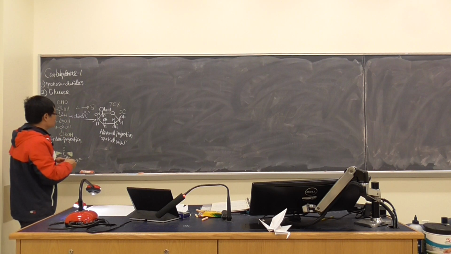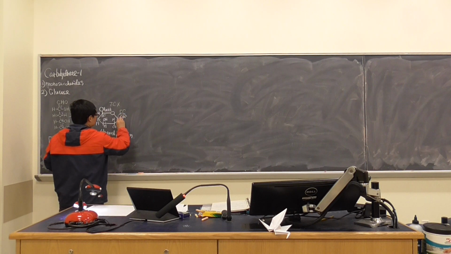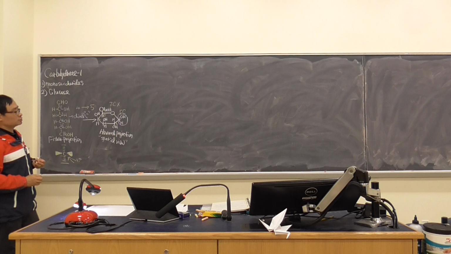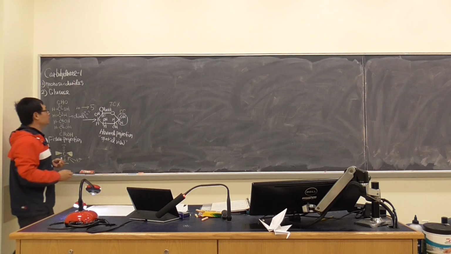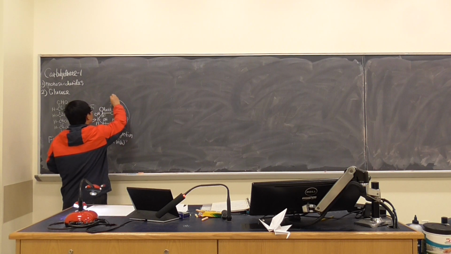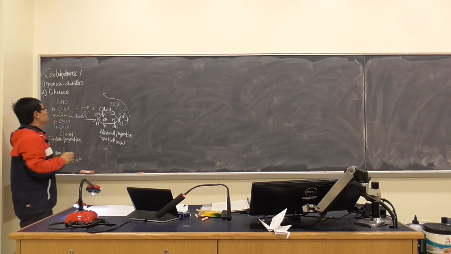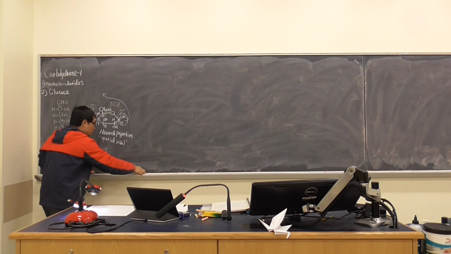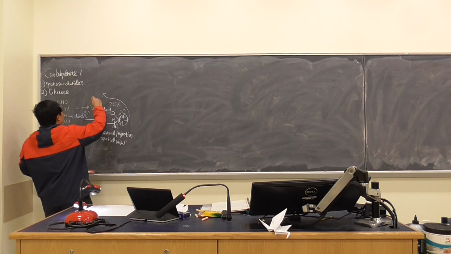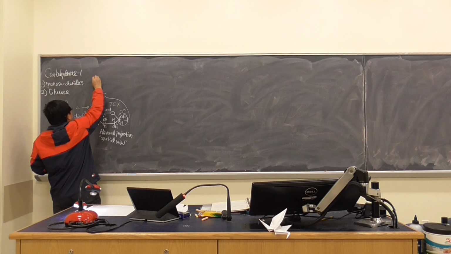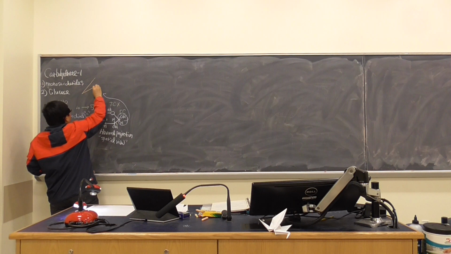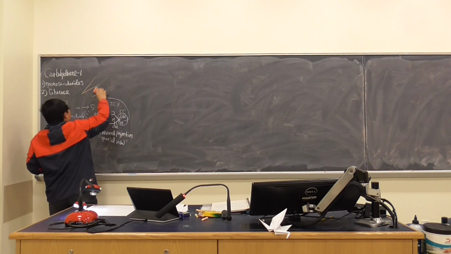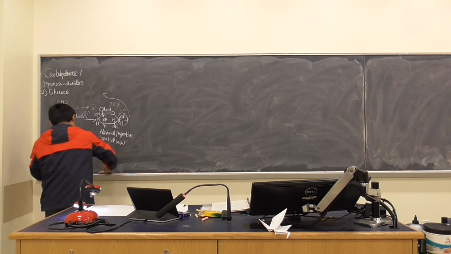With the Haworth projection, the remaining question is right here: you see there is a hydroxy bond that could be up and down. Using the Haworth projection, sometimes it is a little bit hard to see. So the chemists came out with another very interesting structure, which we call the chair configuration.